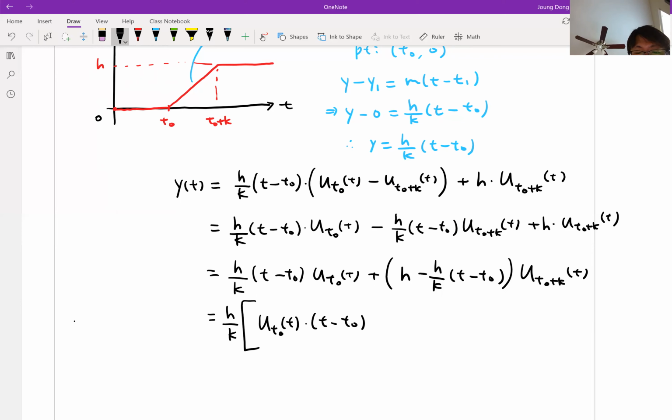That's the perfect form to apply the Laplace transform. And plus u t0 plus k of t, and this is a little bit tricky. We take h over k out, but there's only k here, so you have to multiply by k, minus t minus t0. That's it. Thank you.